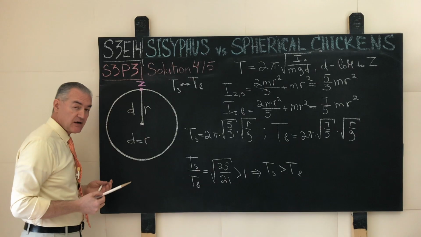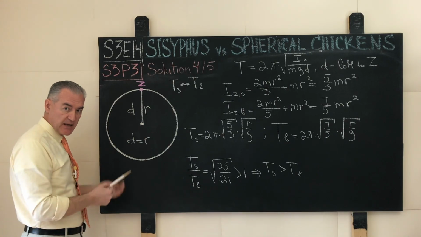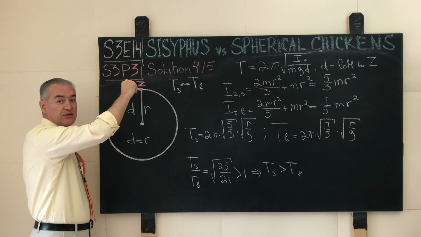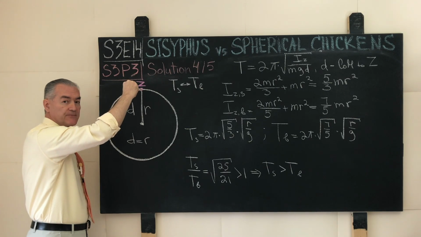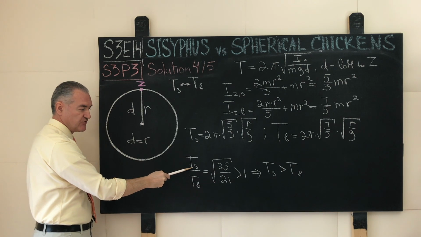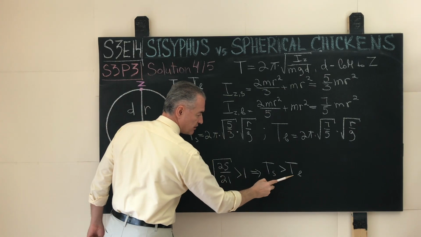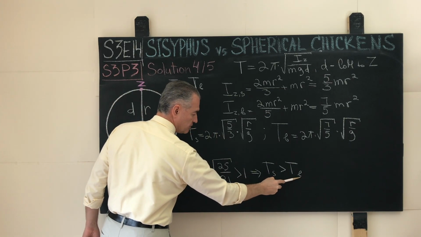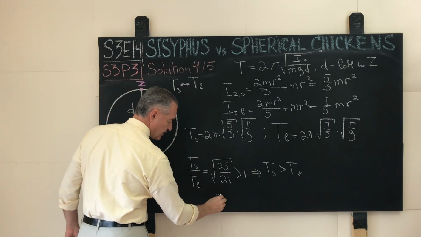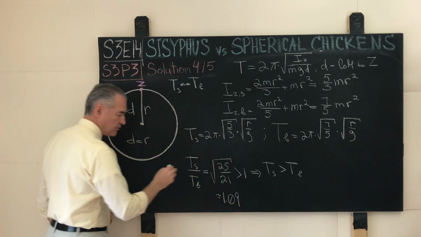If we let our sphere and a ball comparably sized in mass and in radius execute small angle oscillations about the pivot point that sits on the periphery of each object, then the period of small angle oscillations of a sphere, a hollow body, will be strictly larger than the corresponding period of a ball. Again, that ratio is not as pronounced. I think it's again 1.09, so maybe it's not as good.